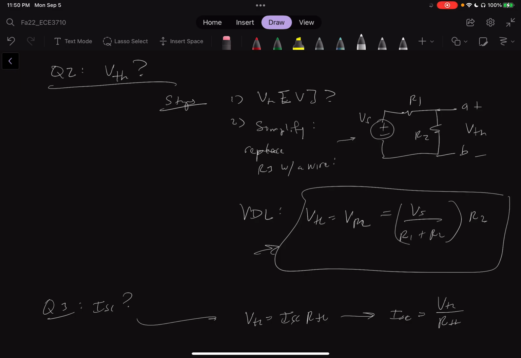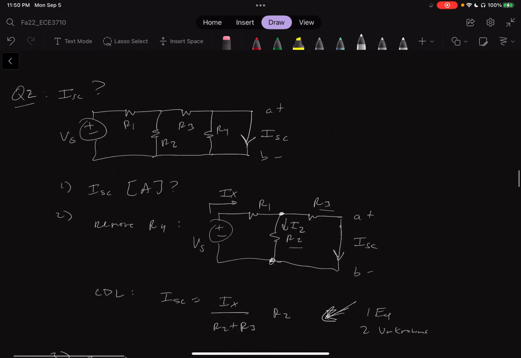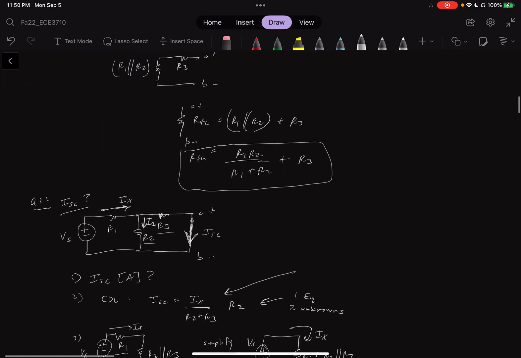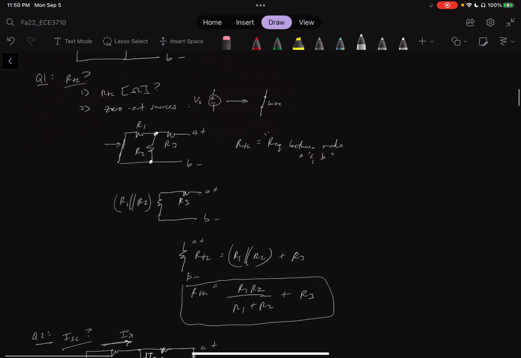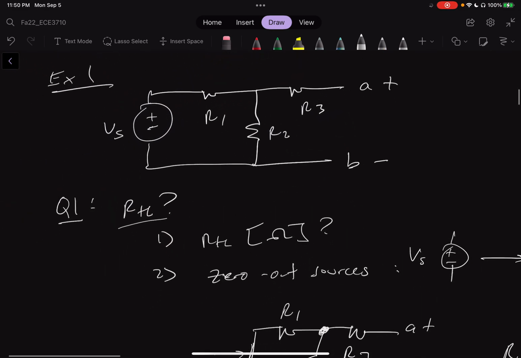The reason why I mentioned this is because when you are given any circuit problem, like let's just go back to example number 1. In an exam, in a homework, in life, you might see this circuit. And chances are they want R Thevenin, Vth Thevenin, and Isc. You don't have to answer in order. If you want, you could solve for R Thevenin first.